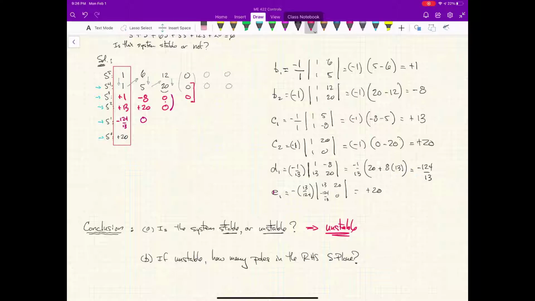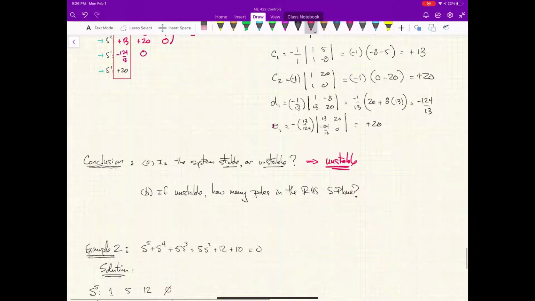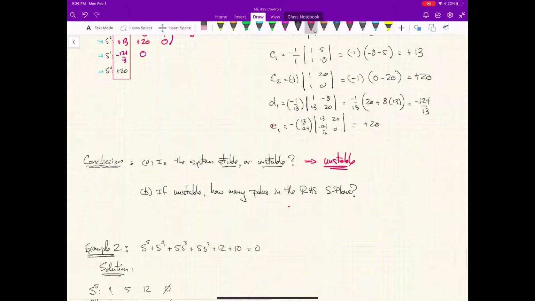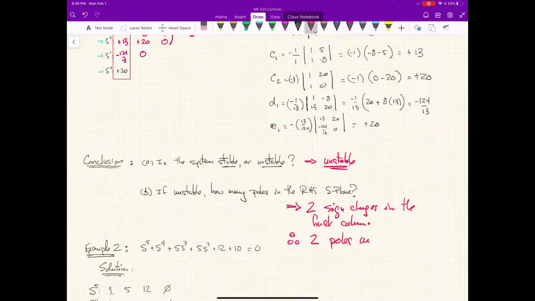Another sign change. So therefore there are two sign changes in the first column, and so therefore 2 poles on the right hand side.